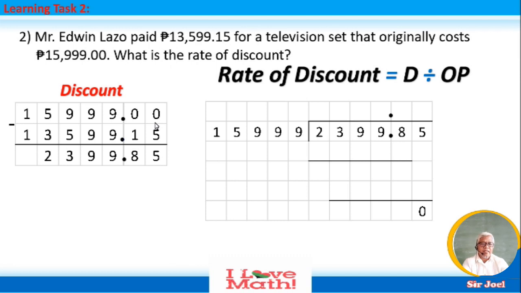Kapag ito ay na-divide ninyo, huwag lang ninyong kalilimutang i-move yung decimal point 2 places to the right para tama ang inyong maging kasagutan. Kasi nga, rate of discount, ibig sabihin, from decimal point, imumove nyo siya 2 places to the right para maging percent. Okay?